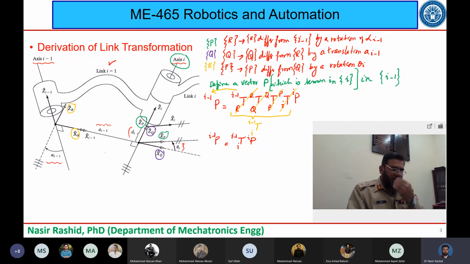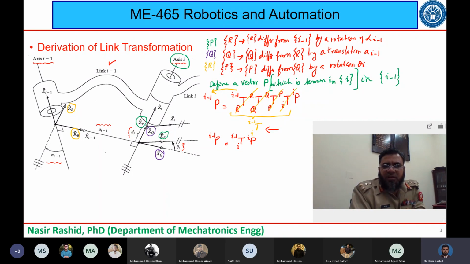And this transformation I to I minus 1 includes the rotation between R and I minus 1.